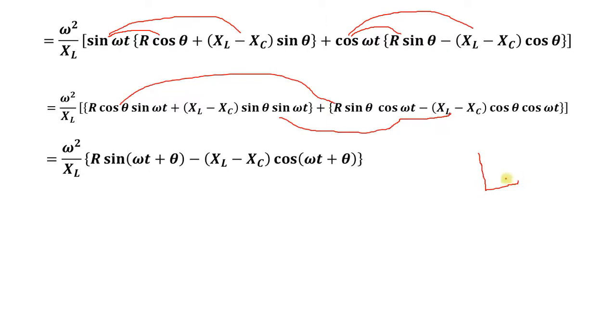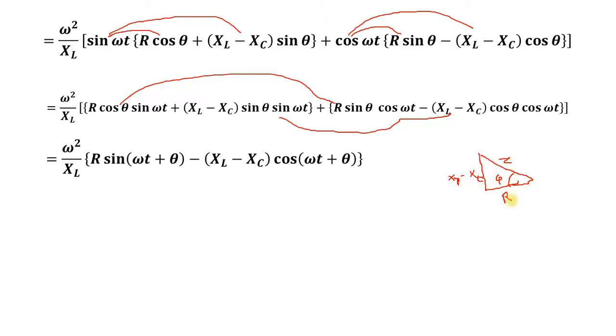So we know the impedance triangle. Consider this is the impedance triangle. From this impedance triangle, this is the value of phi, this is the value of r, and this is xl minus xc, and this is nothing but z.